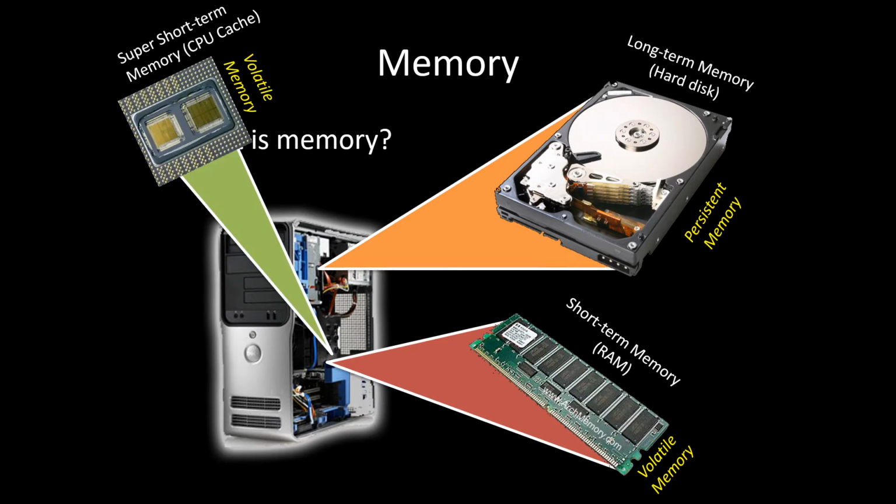There's another kind of memory that you don't hear people talk about much because it's pretty much abstracted away from even the programmer most of the time, and that is super short-term memory called cache on your CPU. It's also volatile memory. Imagine RAM, but much, much faster and much, much smaller.